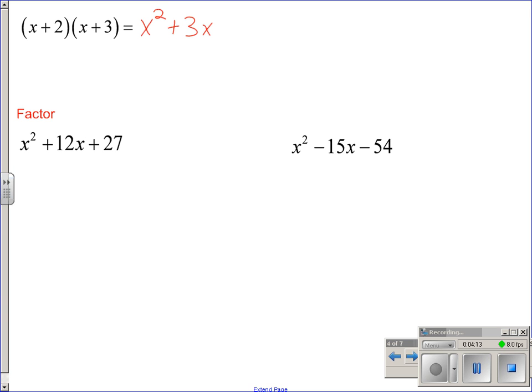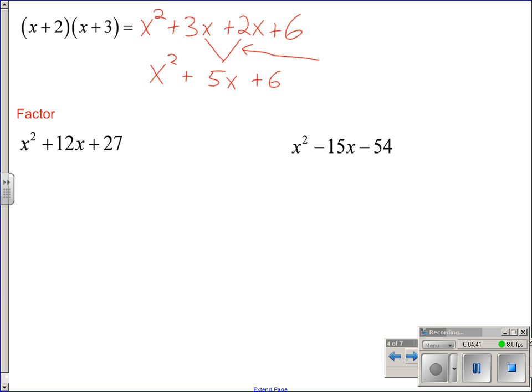And then the inside terms, 2 times x, so plus 2x. And the last terms, plus 6. Now it's this outside and inside terms that add to give us that middle term. So we got x squared plus 5x plus 6. This is an important idea: outside and inside add to give you that middle term.